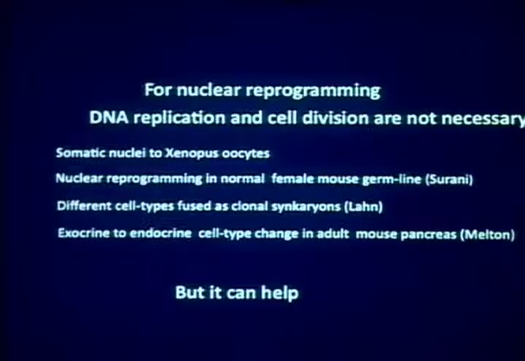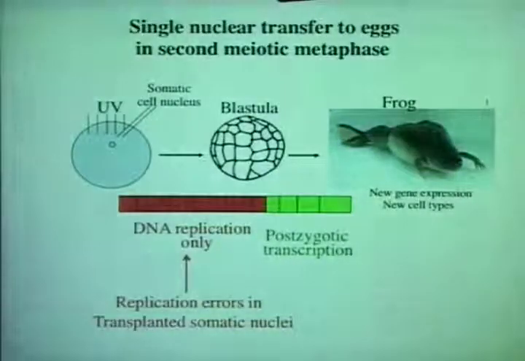So that's a generalization on this subject of whether replication and cell division are needed for this switching of gene expression. Now, the experiment that I've discussed so far is essentially this one, where you transplant a nucleus to an egg. That is followed by several rounds of DNA replication to reach the embryo stage.